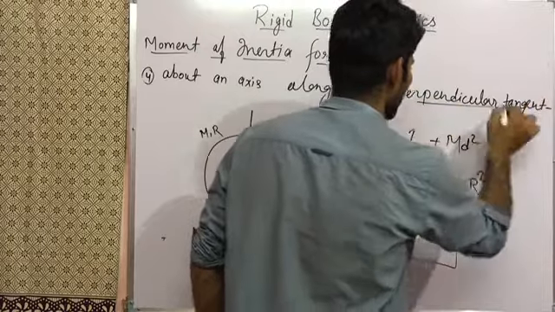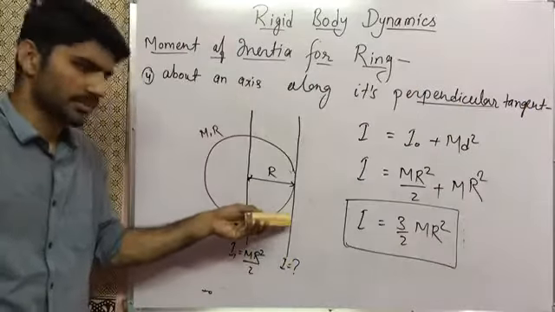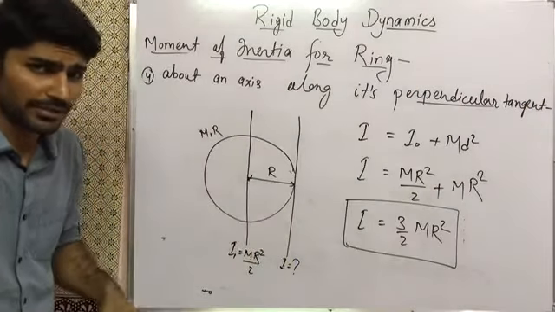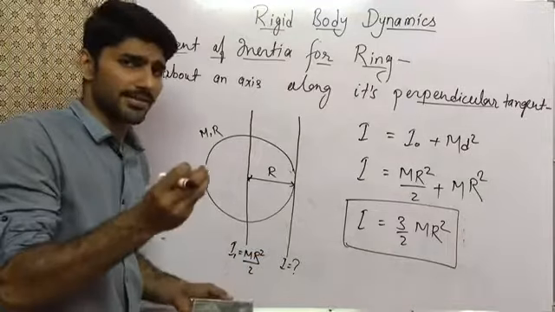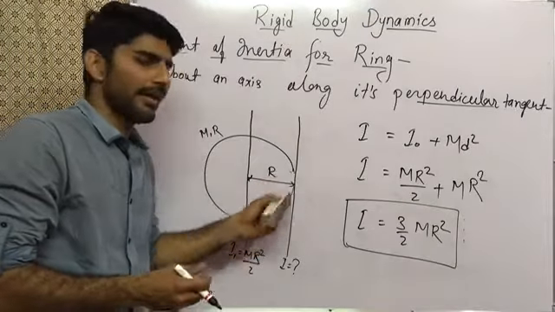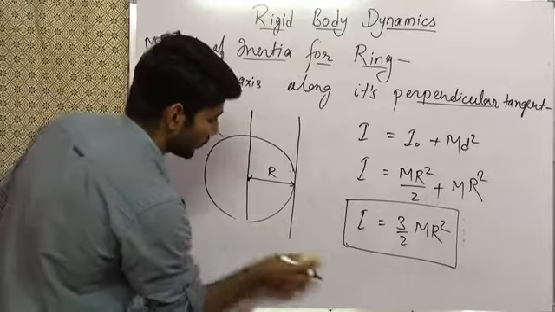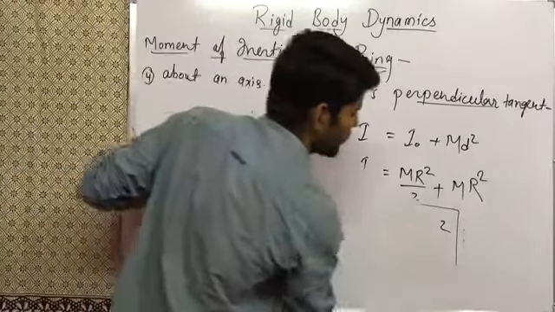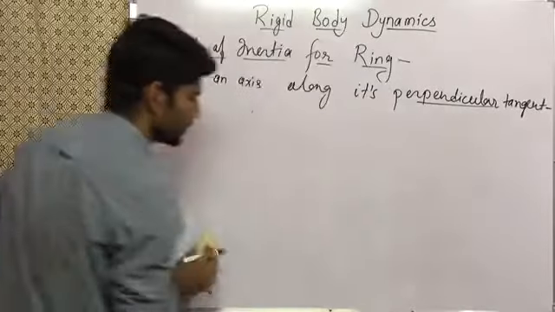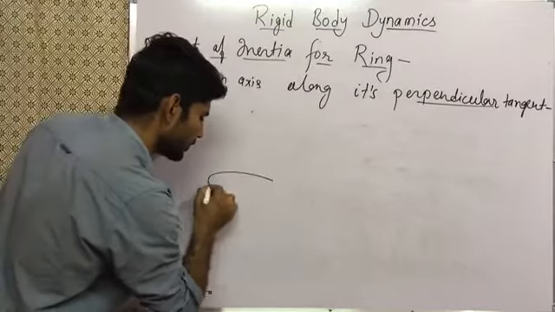So here we saw the tangent is along the axis, but the perpendicular tangent is just an axis perpendicular to the axis along the tangent. For that we need to draw a different diagram. We need to use a 3D picture of the ring.